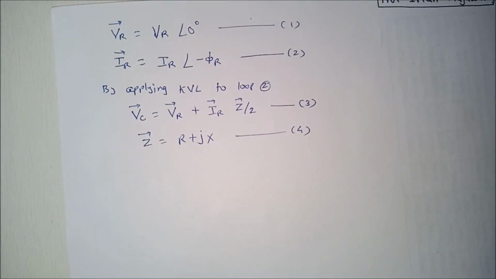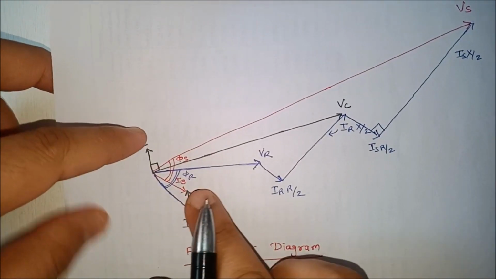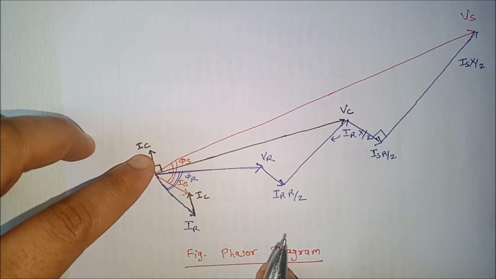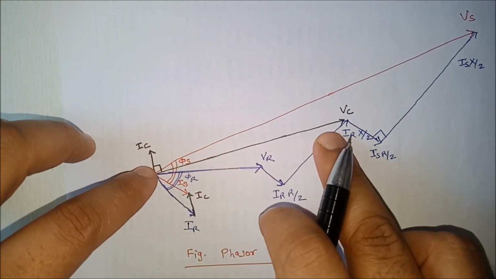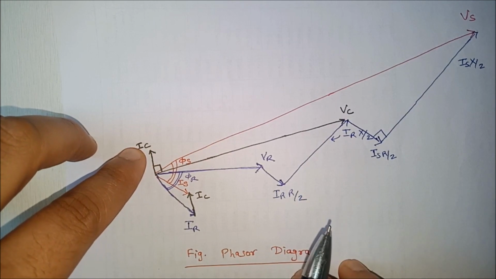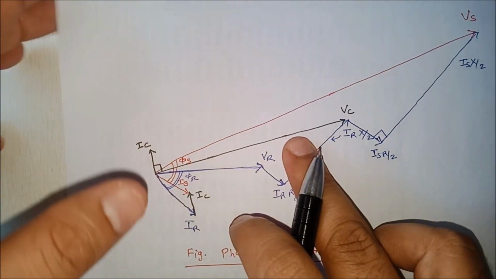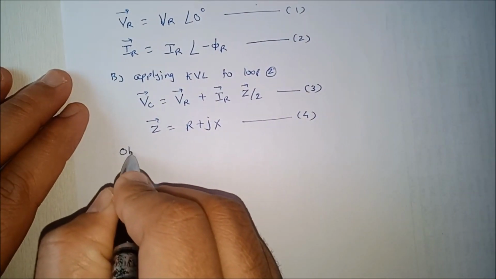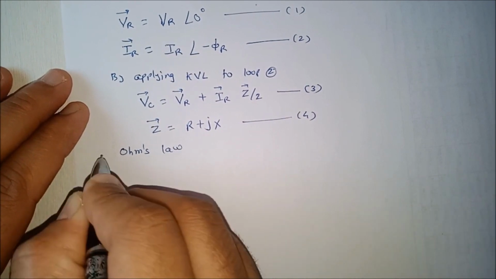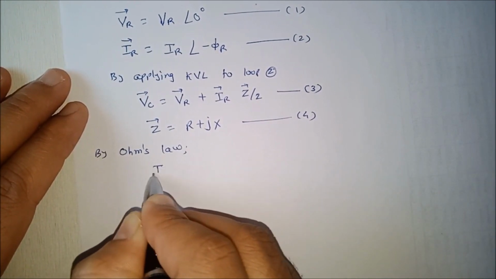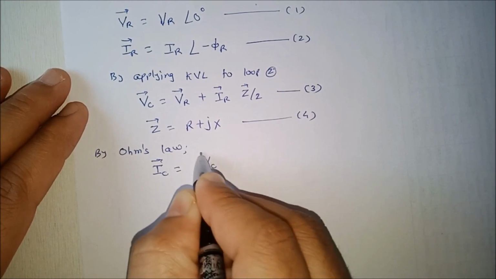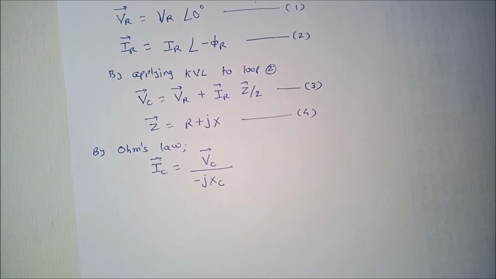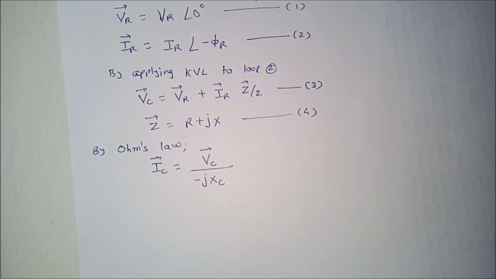What did we do next after drawing the VS? We obtained the VC, and at 90 degrees to that we obtained the IC. So IC will lead VC by 90 degrees. By basic Ohm's law, IC will be equal to VC divided by minus jXC.